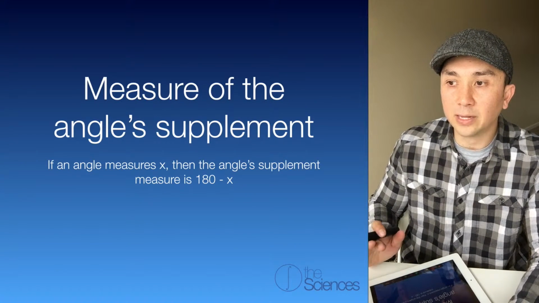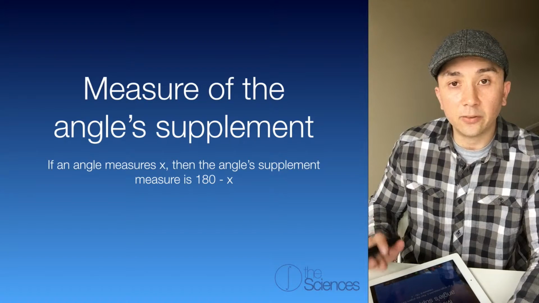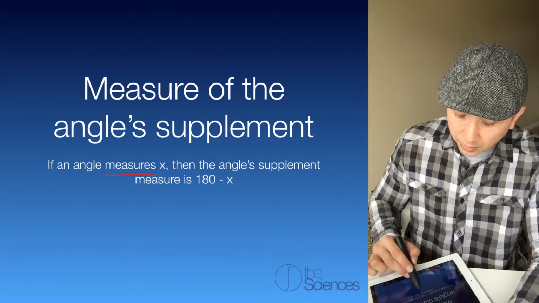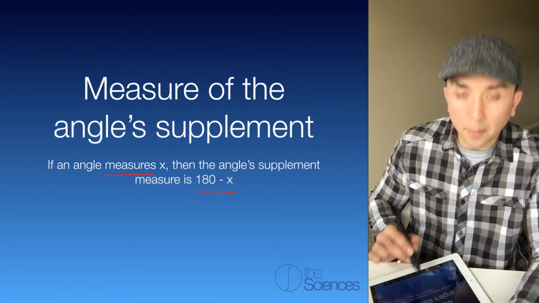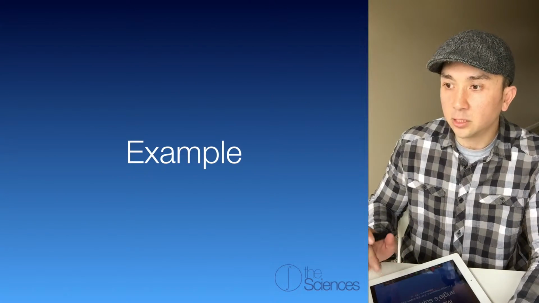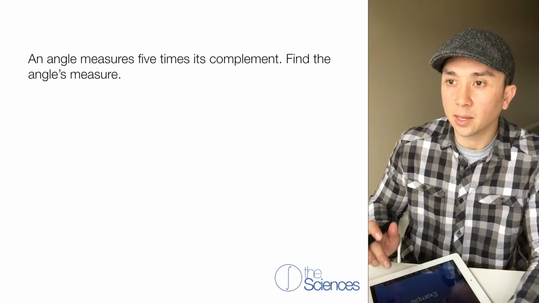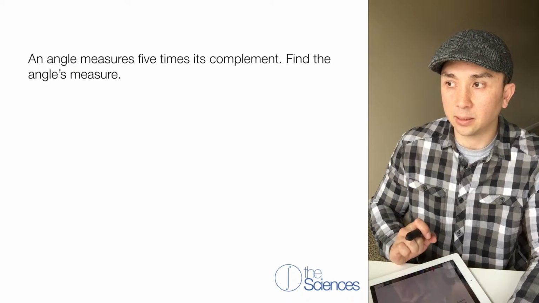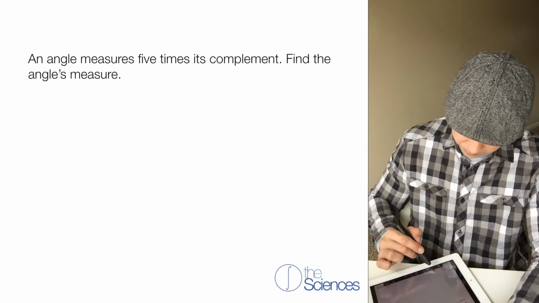If an angle measures x, then the angle's supplement is 180 minus x. So let's do an example. An angle measures 5 times its complement. Find the angle's measure.